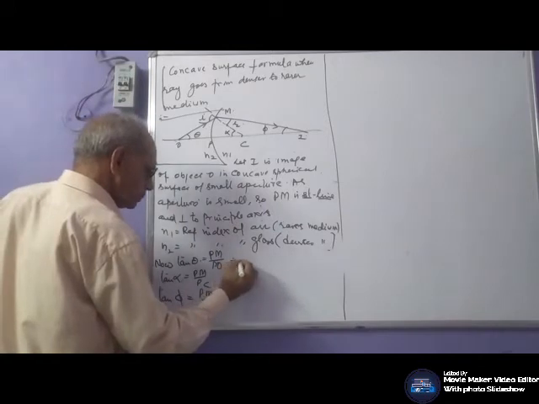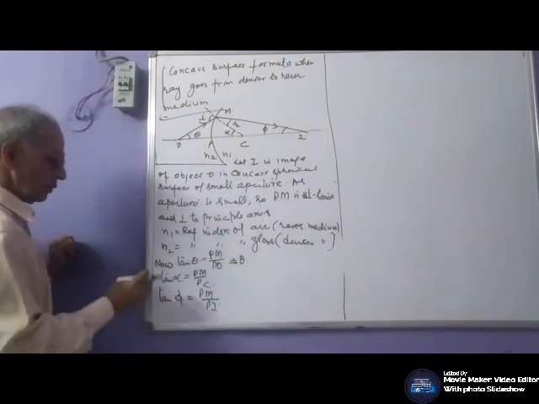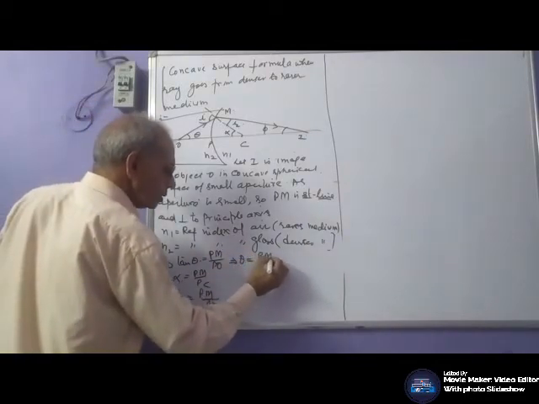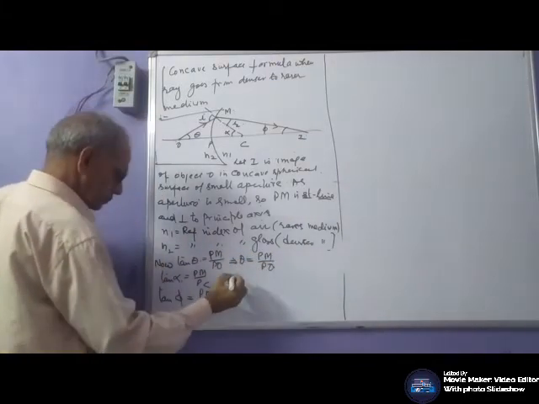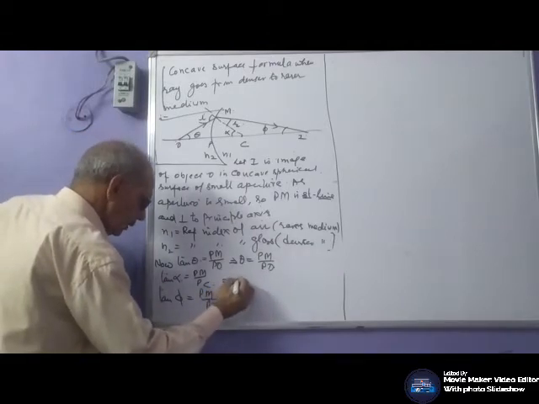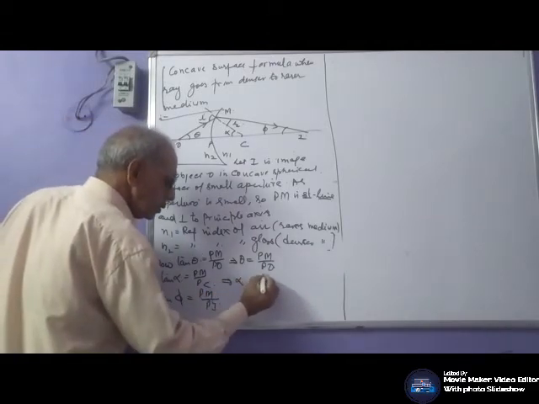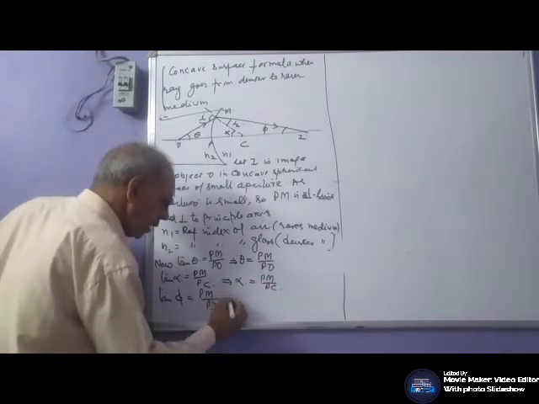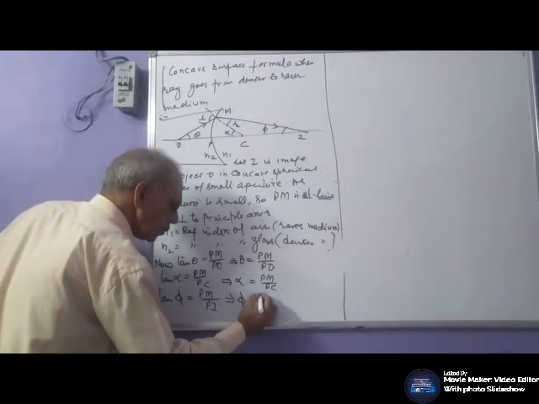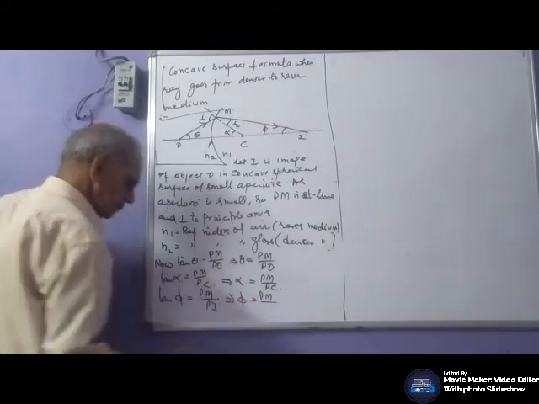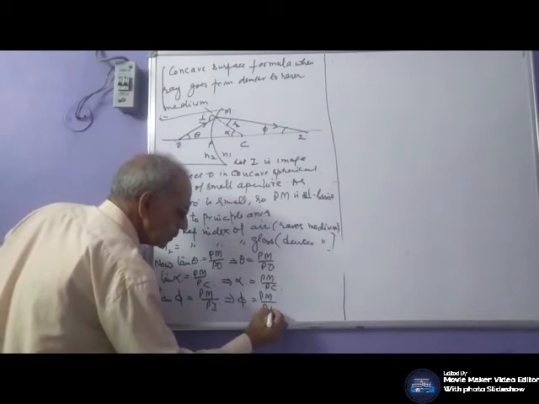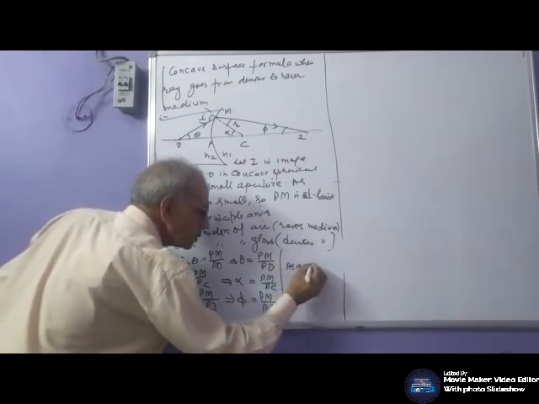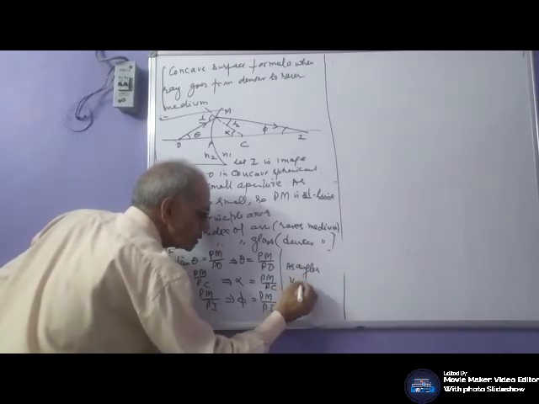Tan theta will be theta when these angles are small: theta is PM by PO, alpha is PM by PC, phi is PM by PI, as the angles are very small.